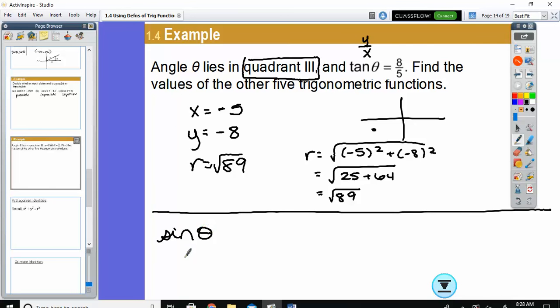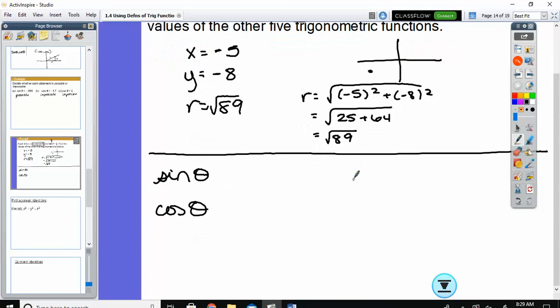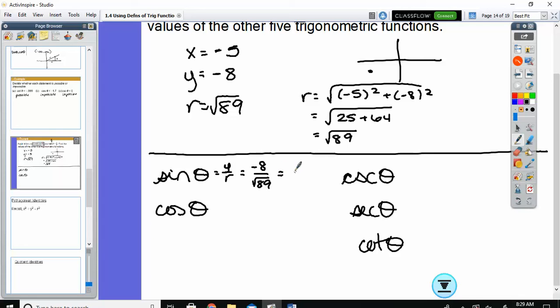So from here, the definition of sine is y divided by r. So that's -8/√89. Are we done? No.